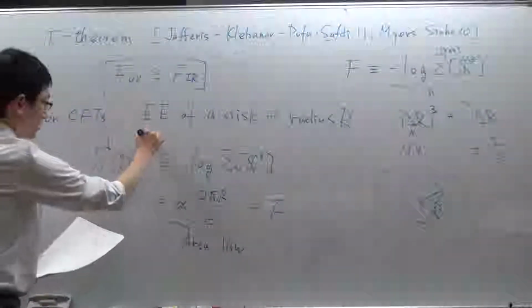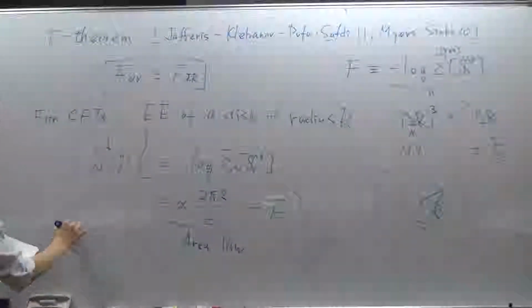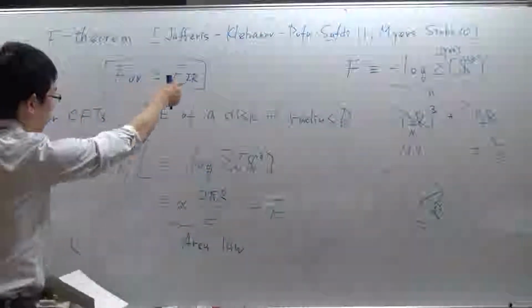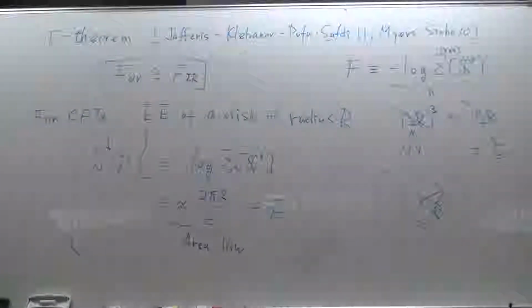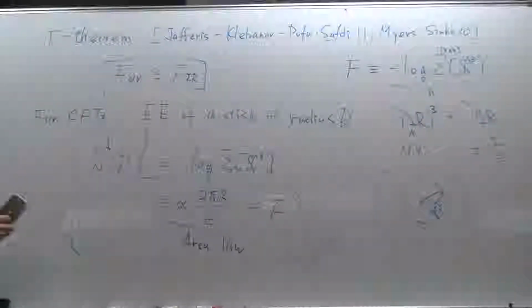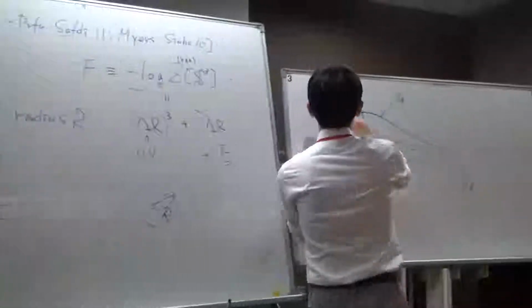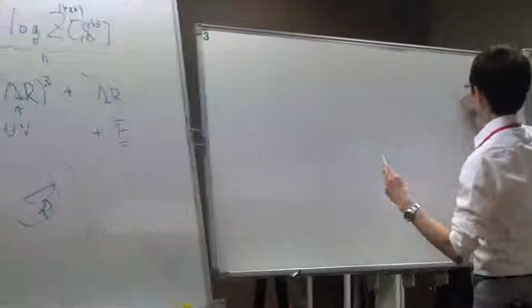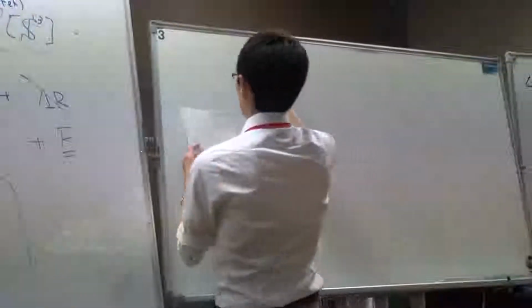Then you see that the entanglement entropy and the free energy on the three-sphere are related to each other. So you can come up with a nice interpolating function between F_UV and F_IR by using entanglement entropy, similarly to the two-dimensional case. So I am going to define an interpolating function between F_UV and F_IR.